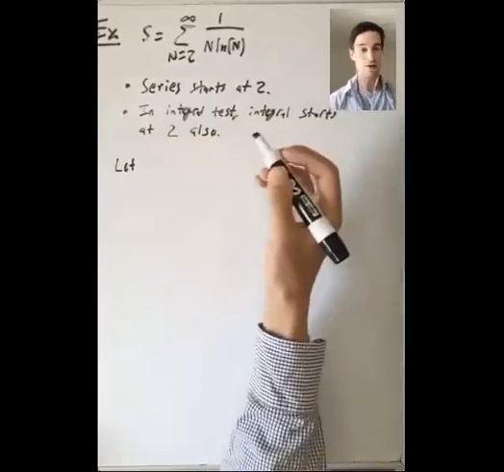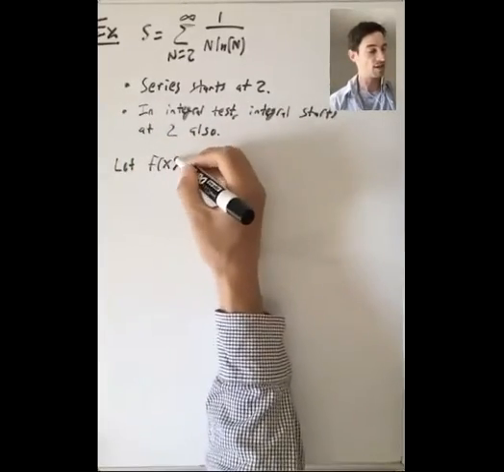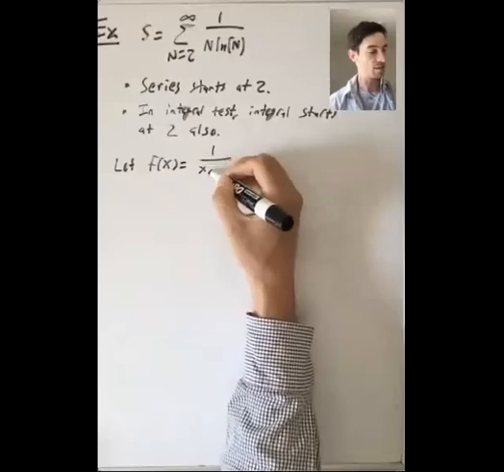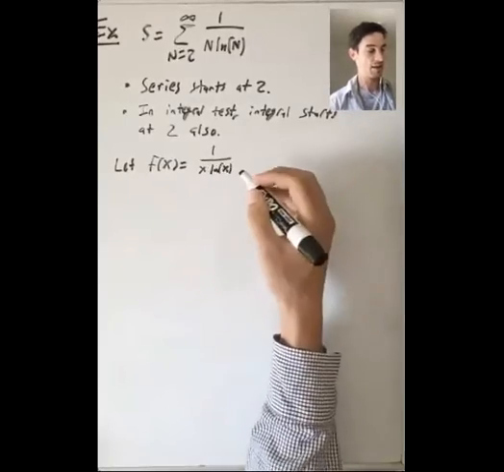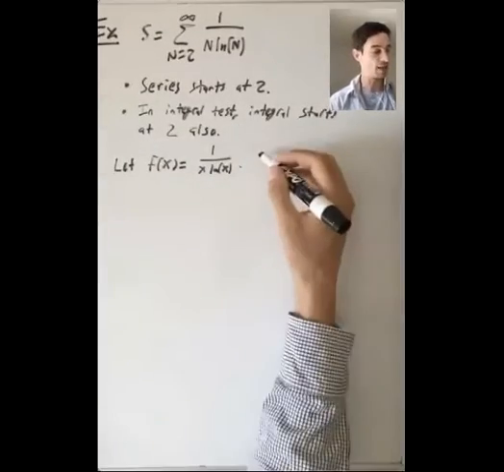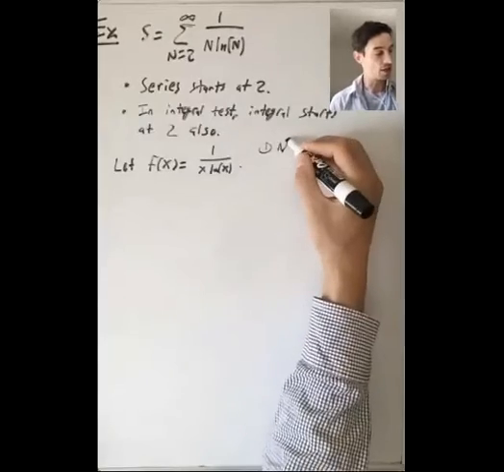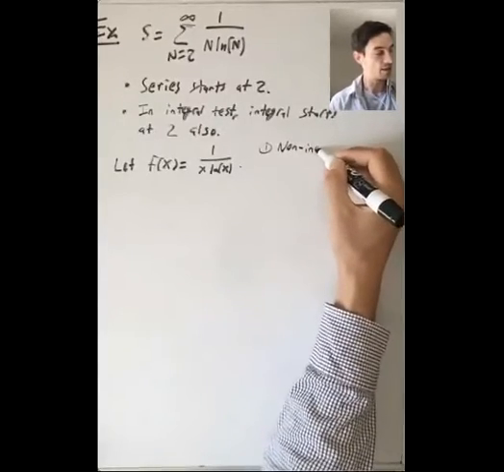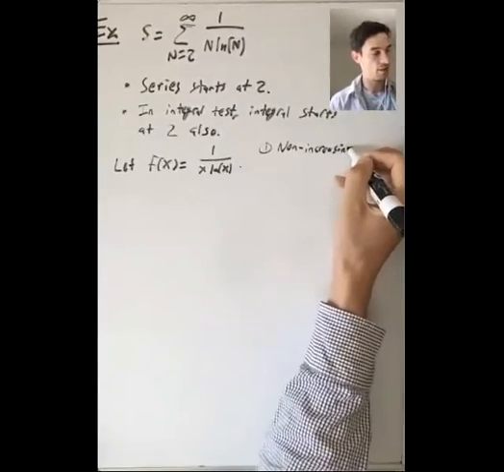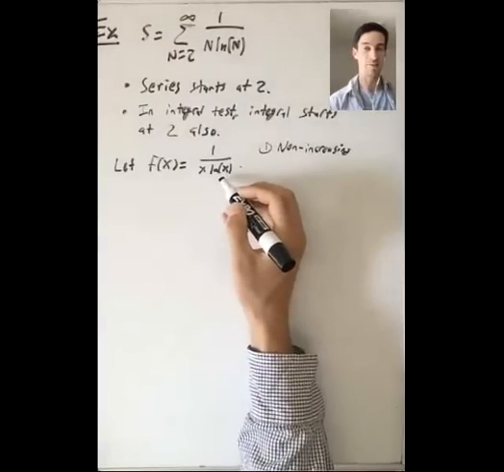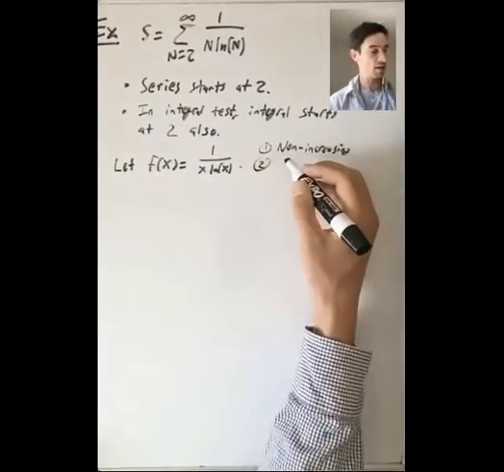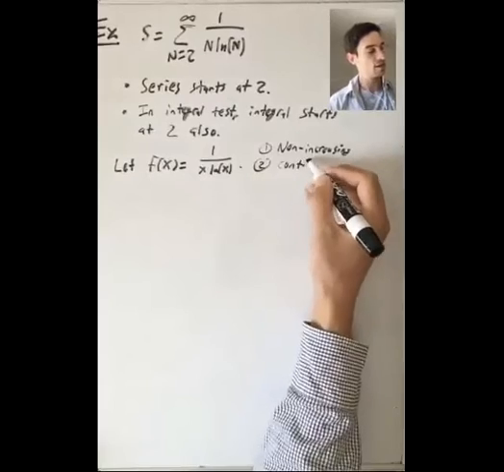So let's try to apply the integral test. We want to let f of x equal 1 over x times the natural log of x, because now f of n equals a_n. This function is non-increasing from 2 to infinity. As x gets bigger, the denominator gets bigger. It's continuous.